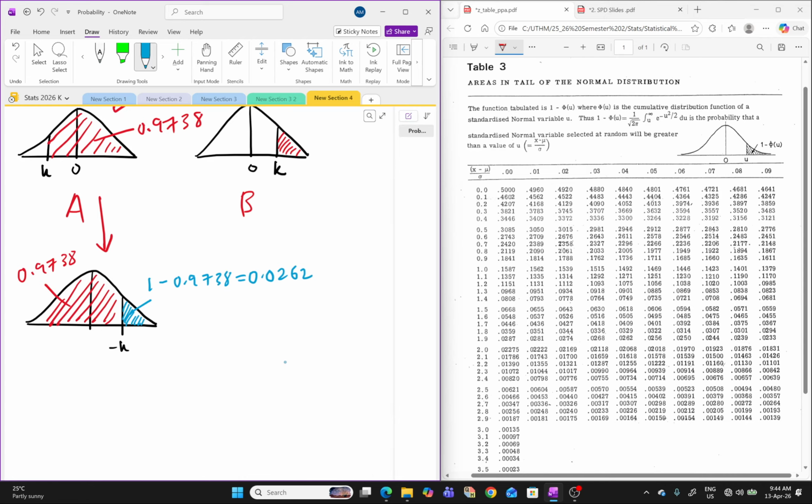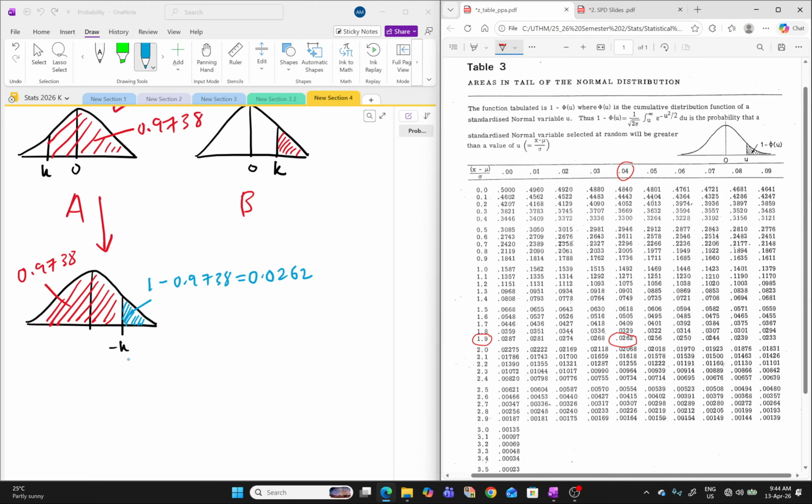Okay, you guys get this, alright. So here 0.0262 on the right hand side, go for 0.0262. This one, exactly there's a value here, 0.0262.